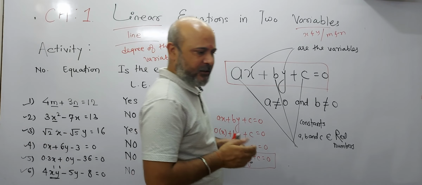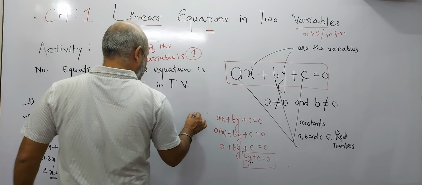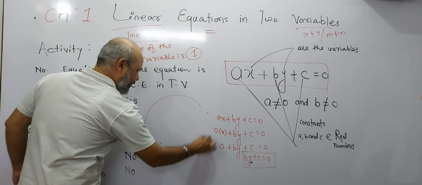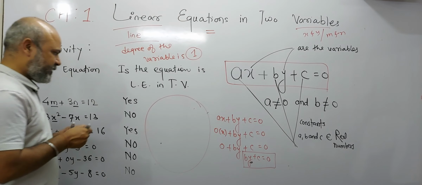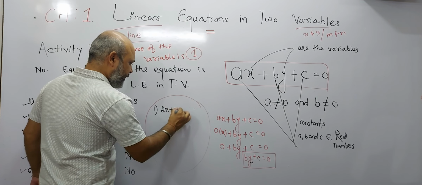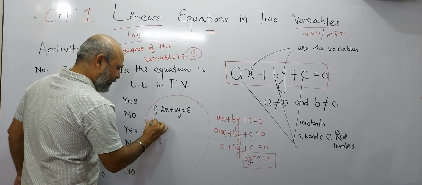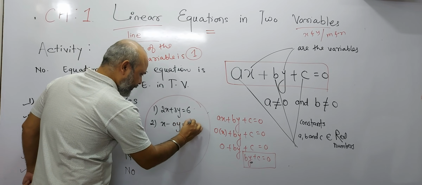Okay students? So I will just write some equations and try to practice whether they are linear equation in two variables or not. So first equation, 2x plus 3y is equal to 6. Second one, x minus 0y is equal to 2.